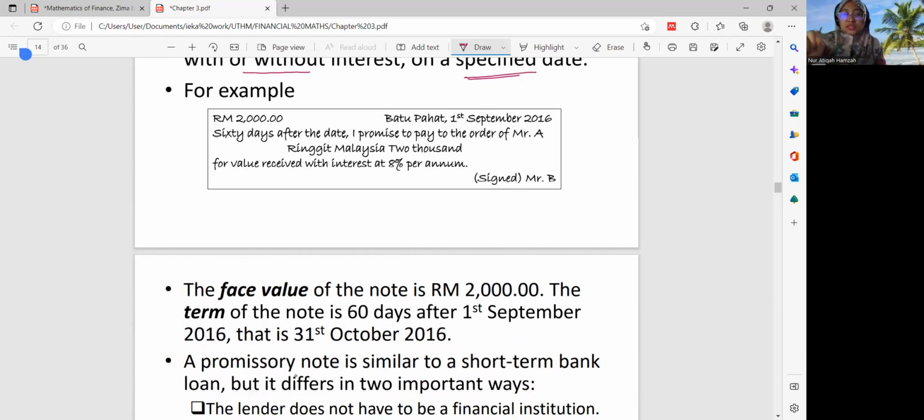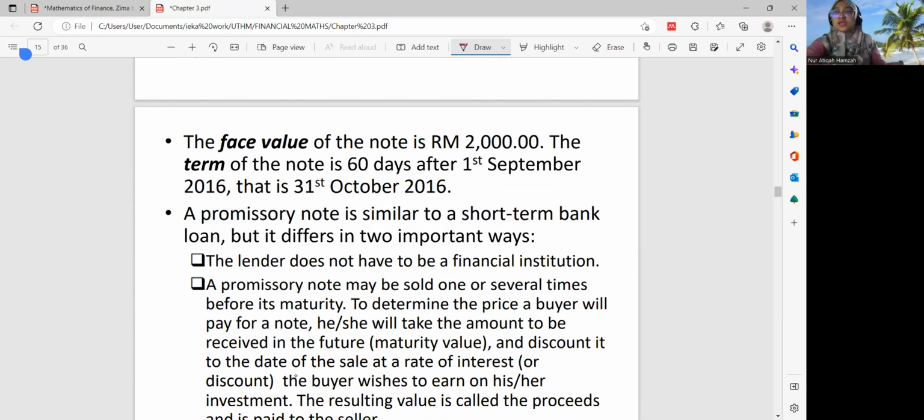Itu adalah janji Mr. B. The face value of the note is 2,000 ringgit. So, the face value. Mungkin ini adalah terms baru yang awak come across bila jumpa tajuk promissory note. So, the face value is 2,000 ringgit. The term of the note is 60 days.